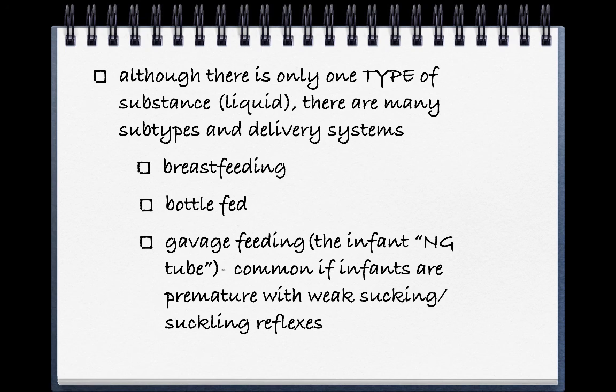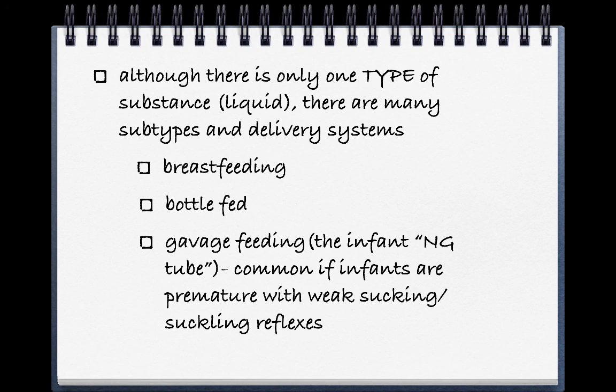Infants might also be bottle fed as a supplement to breastfeeding and or in an attempt to get the baby used to oral stimulation. And in infants who are not ready for oral intake, you will see gavage feeding.